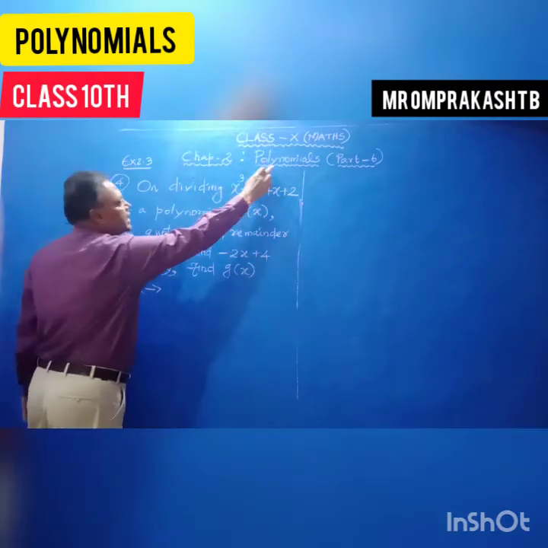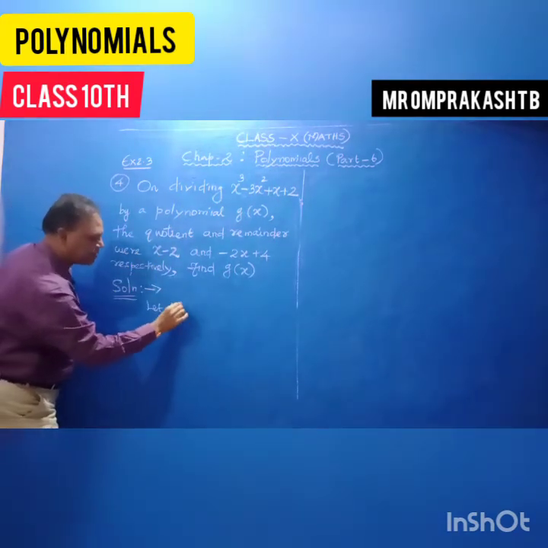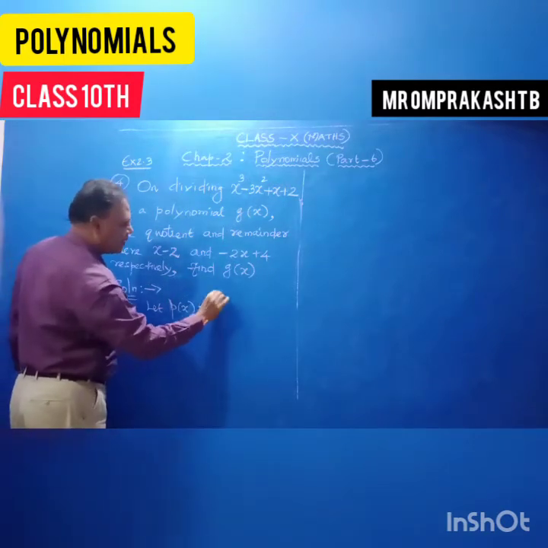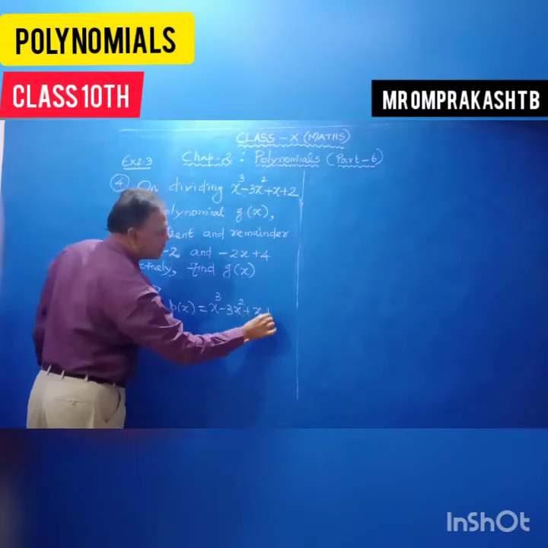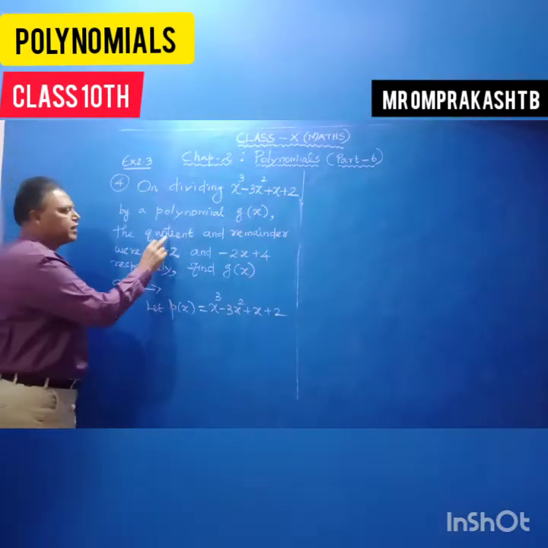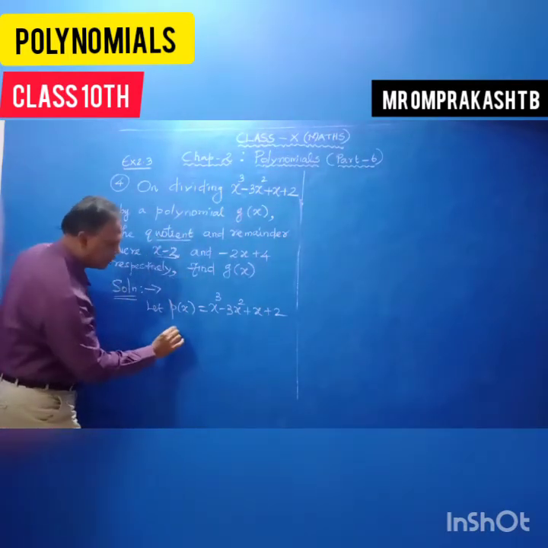Clear? Take the given polynomial as p of x. Let p of x equal to x cube minus 3x squared plus x plus 2. Next, the quotient is given, x minus 2. That is q of x.